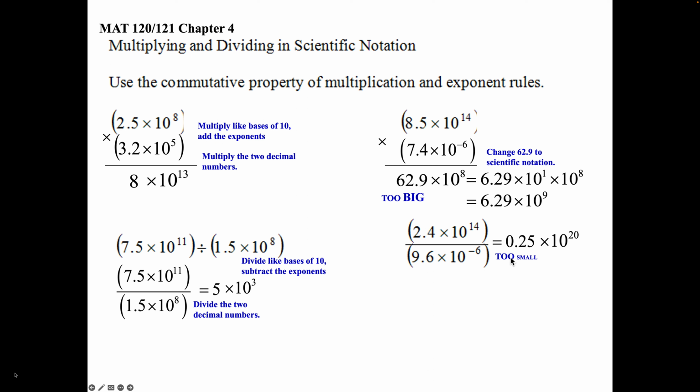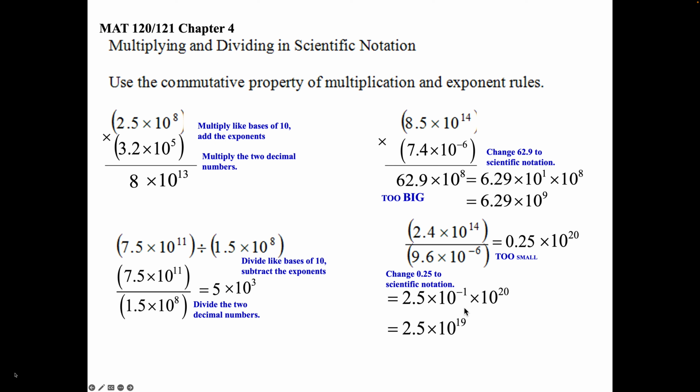Now I'm too small. Whenever I'm too small, I have to move the decimal point at least one place. It will never be two places. It will always be 1. So technically 0.25 is 2.5 times 10 to the negative 1 power times 10 to my 20th power. So now add your powers, makes that 10 to the 19th.